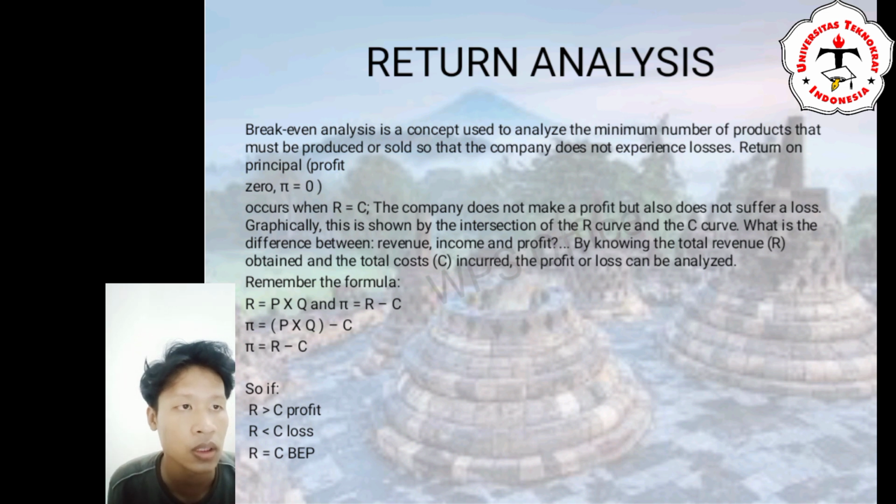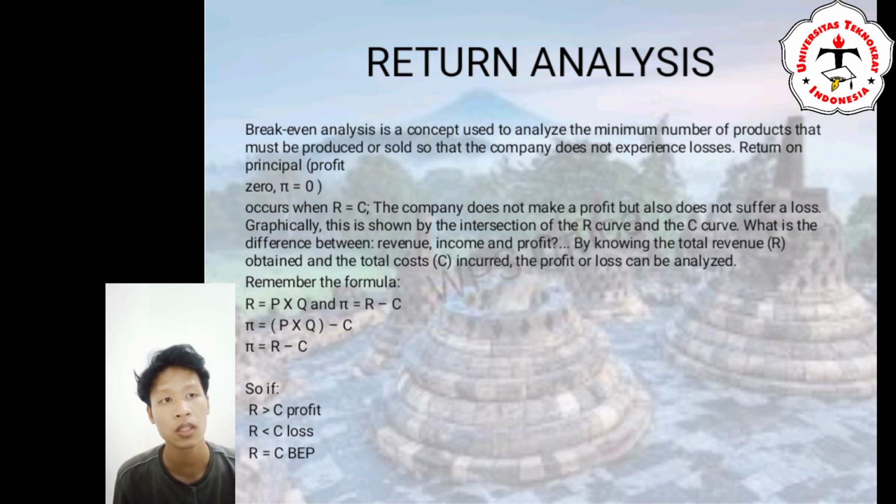Graphically, this is shown by the intersection of the R curve and the C curve. What is the difference between revenue, income, and profit? Once the total revenue R obtained and the total cost C incurred are known, the profit or loss can be analyzed.